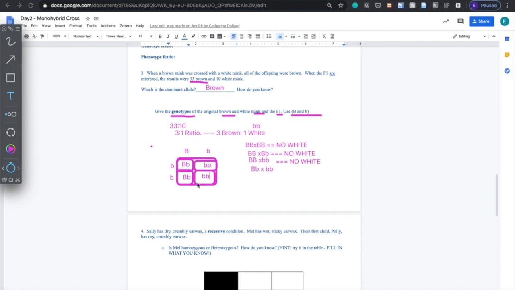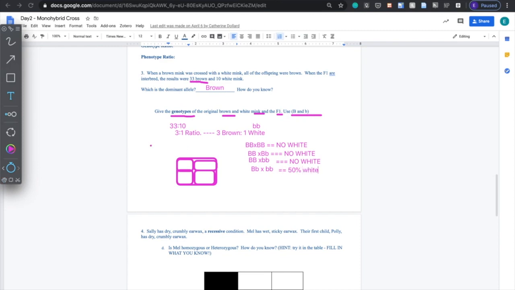But the ratio is 2 heterozygous, or 2 brown, to 2 white, right? That's still not the ratio that we want. We're looking for the 3-to-1. That one only gives us 50% white to 50% brown.